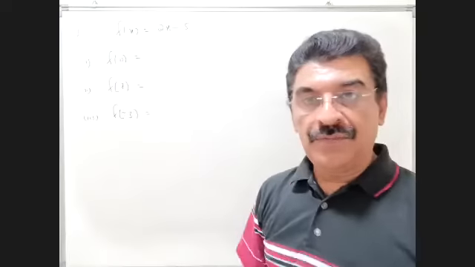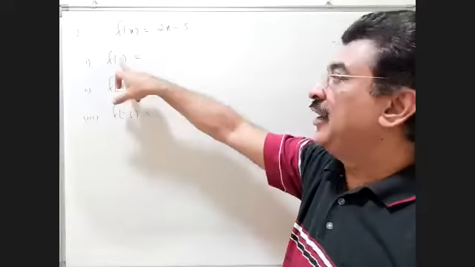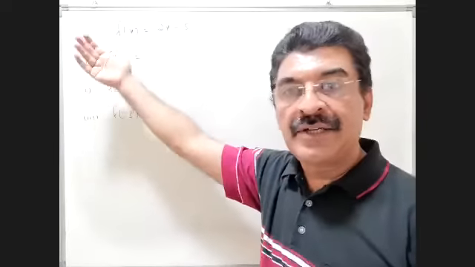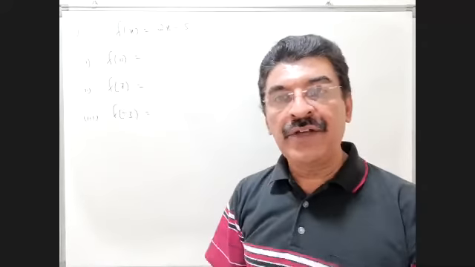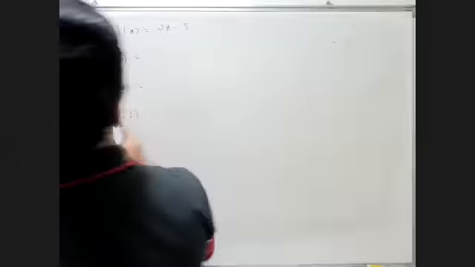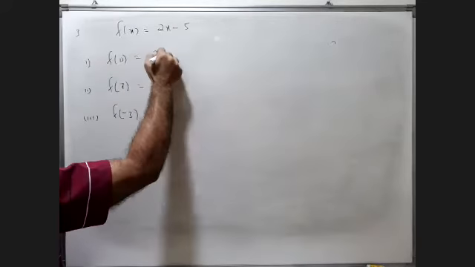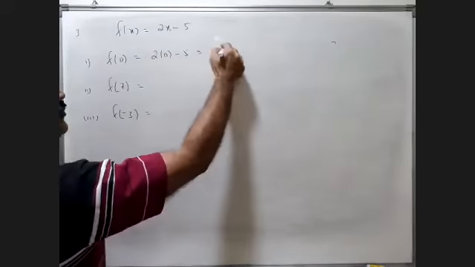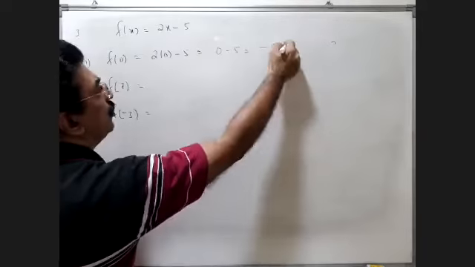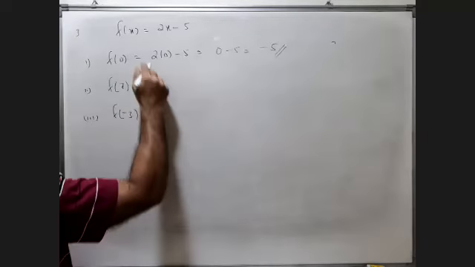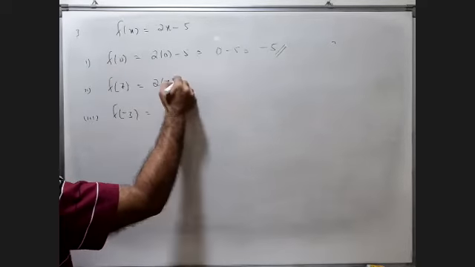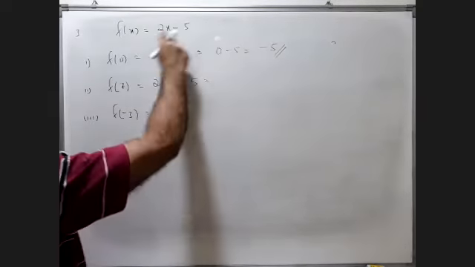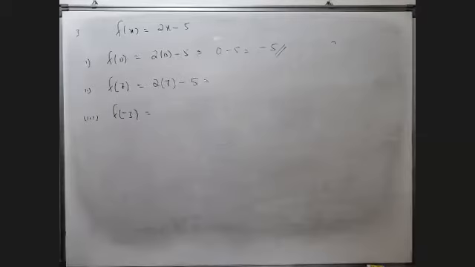f of x is given. To find f of 0, wherever x is there, replace x with 0, that's all. To find f of 7, in place of x, substitute 7. So f of 0 is 2 into 0 minus 5, which is minus 5. f of 7 means 2 into 7 minus 5.